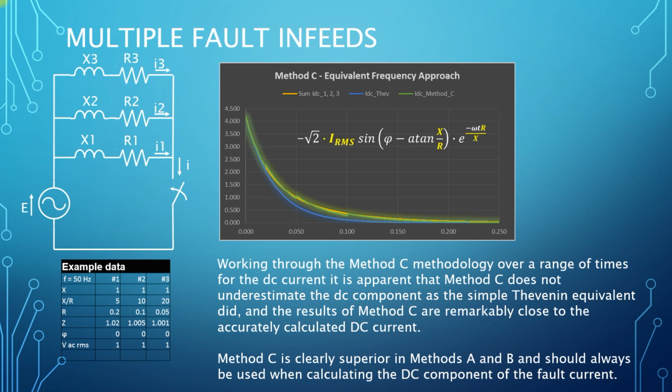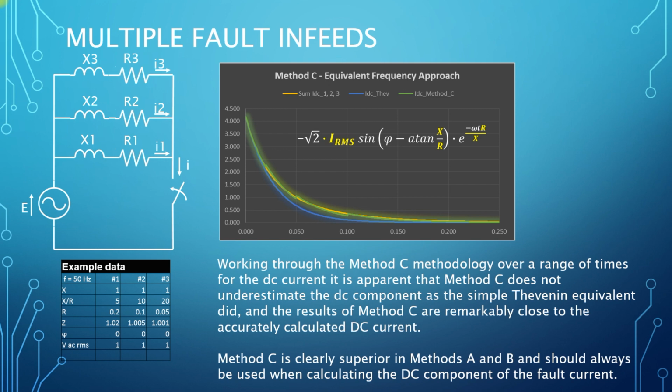So method C doesn't underestimate the DC component of current, and it gives us a very close match to the accurately calculated theoretical DC current from the differential equations.